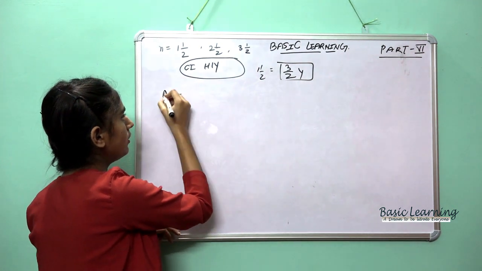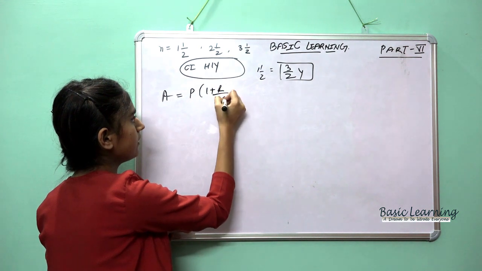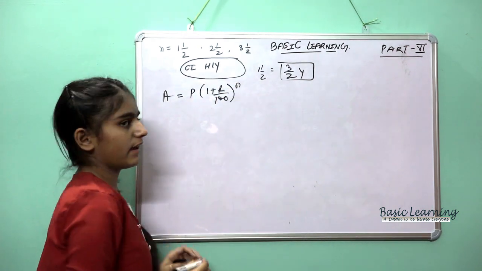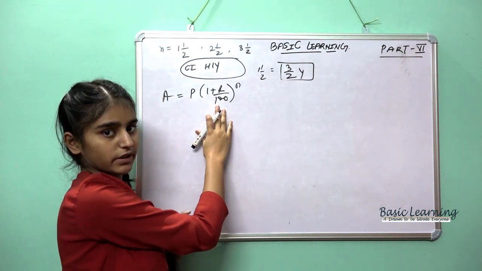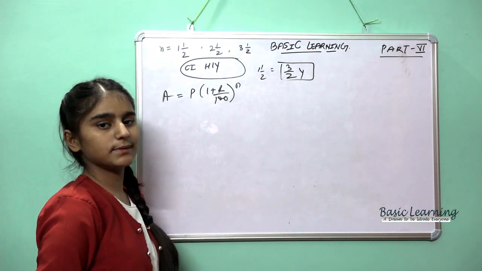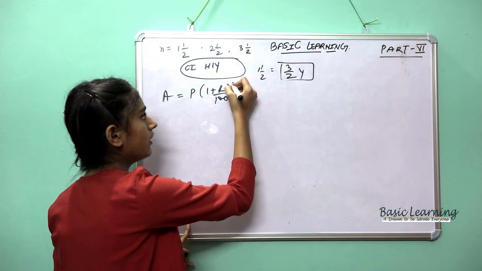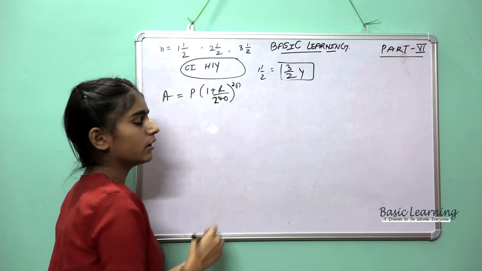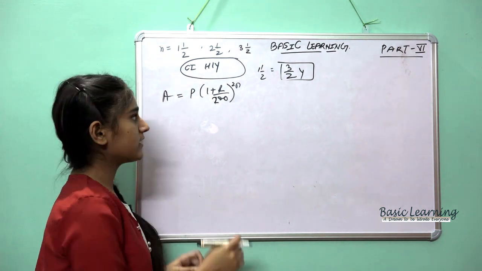Formula you all know, amount equals P bracket 1 plus R upon 100 to the power n. But we will not do 100 here. We have to do 200 because we are calculating the compound interest on half yearly basis. So here 2n and 200. Do you get that? Let me tell you once again.